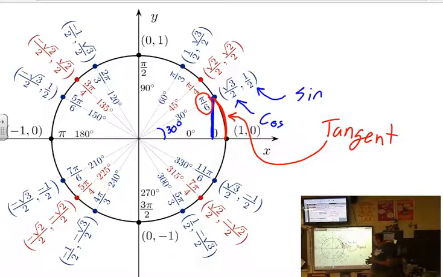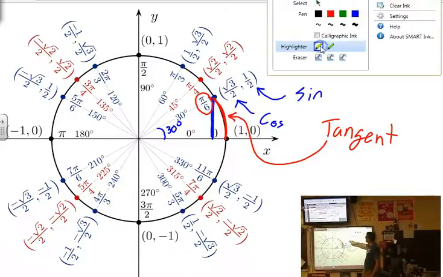Okay. What do you notice about the 30 compared to the 60? If we're going to talk about unit circle, I might as well go into it a little bit.